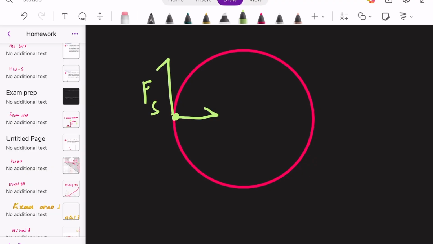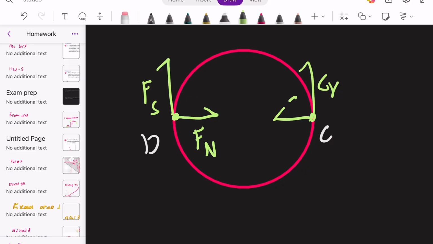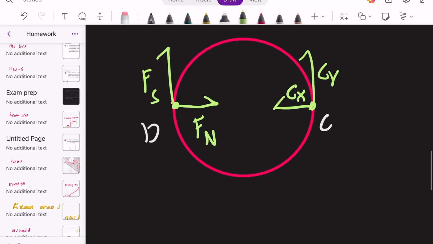Our force upwards is going to be the force of static friction, and this is going to be the force normal. This is point C, this is point D, and then we're going to have reaction forces at C equal to Cy and Cx. And we are also going to have our weight force, which is equal to 2,000.